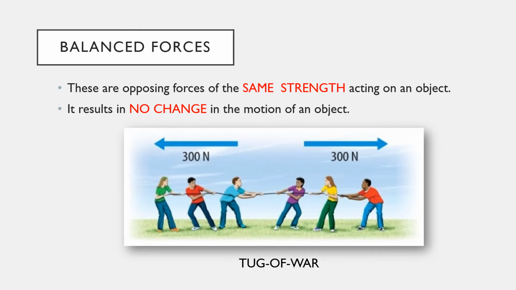If there is an equal pull of forces on both sides, then each side is balanced and neither side will fall forward. Balanced forces are opposing forces of the same strength acting on an object. It results in no change in the motion of an object. Balanced forces do not cause a change in the motion of an object. So remember that. Okay?